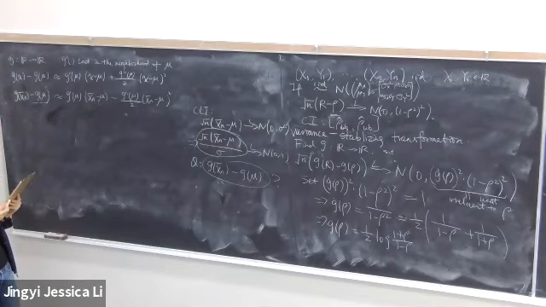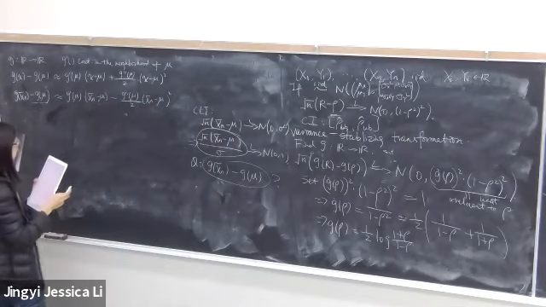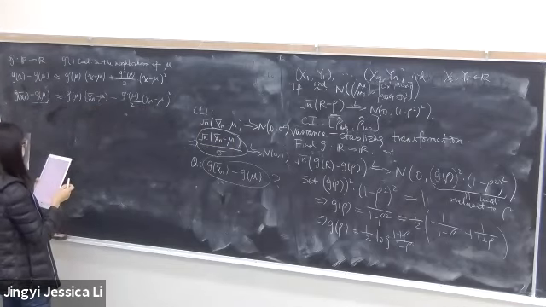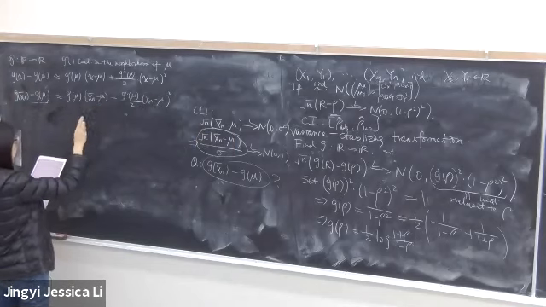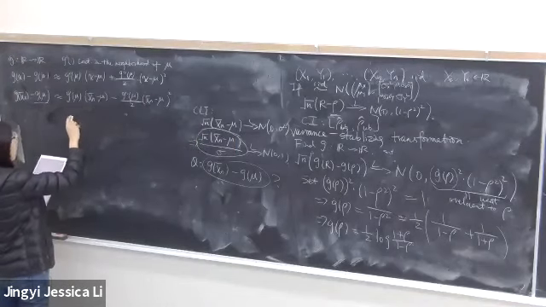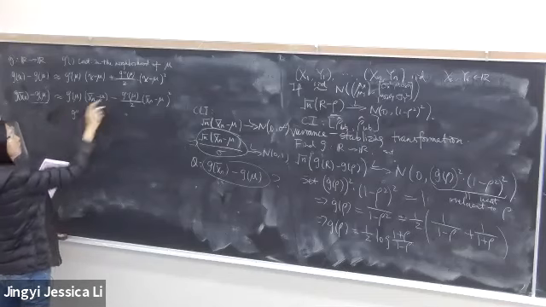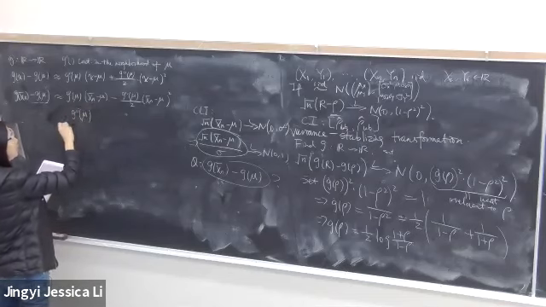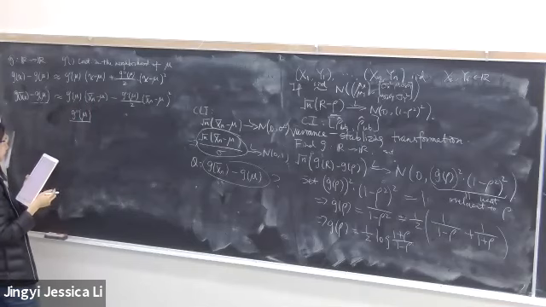So I'll just go quickly, and you can see that if I create a term, then I will have this g second derivative at mu divided by 2.